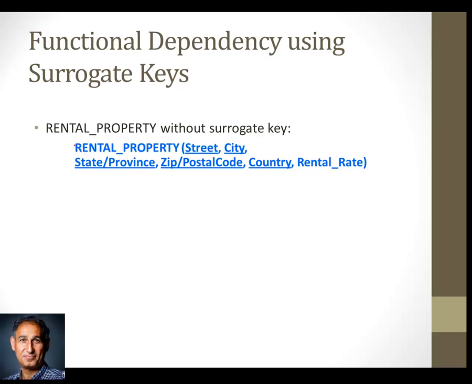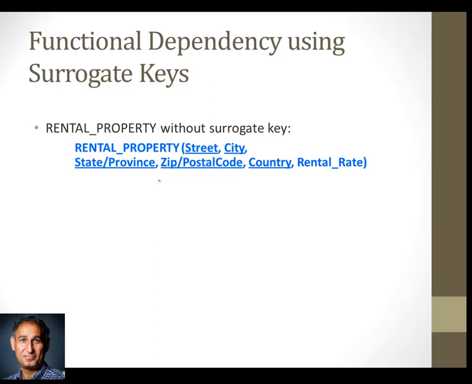So in this example, if you look at the rental property table, you will see that it has street, city, state, zip code, country, rental rate. And none of these can be used as a unique determinant that can determine other information.